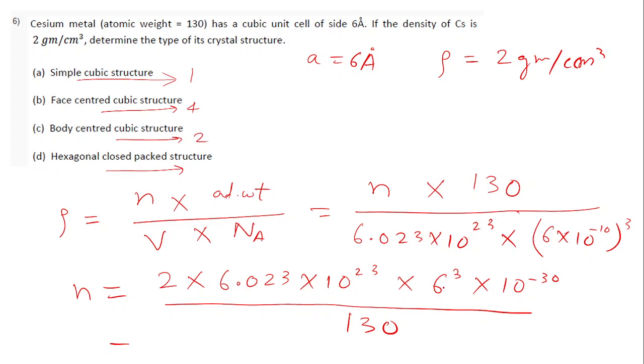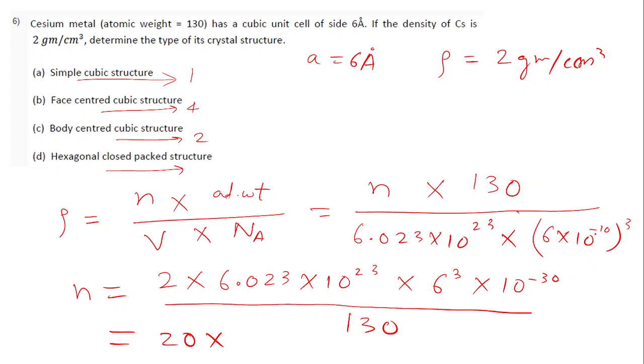When we'll do this calculation, we'll get N is equal to 6 times 6 times 6 is 216 times 2 divided by 130, okay, times 6.023, I'm getting 20, and then this is 10 to the power 7. Okay, so this is in gram centimeter cube.